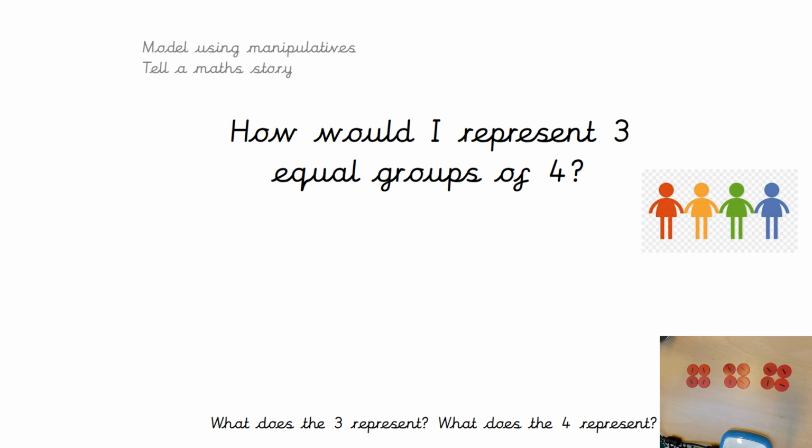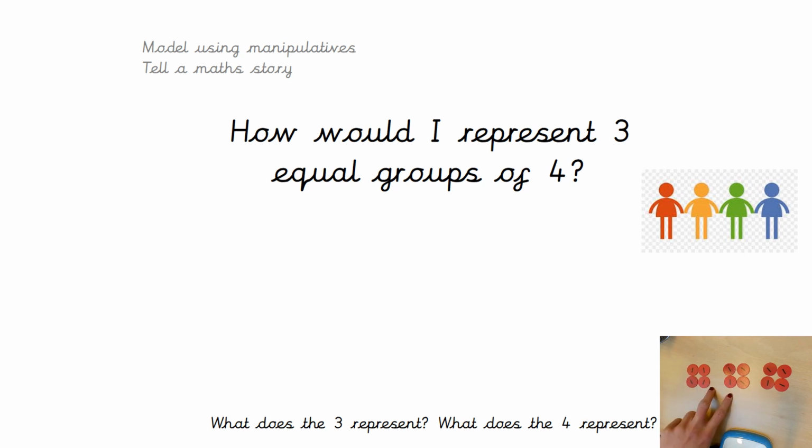So we're going to turn this into a bit of a story. For example, in the playground, outside in school, there was one group of 4 children. They decided to go and play with another 4 children. So then there were 2 groups of 4 children.